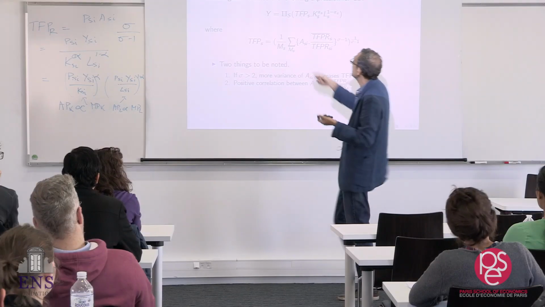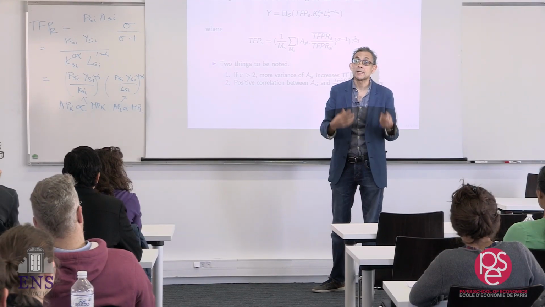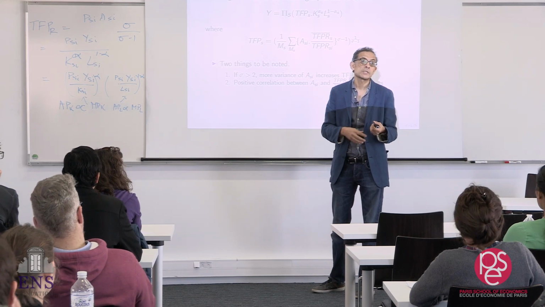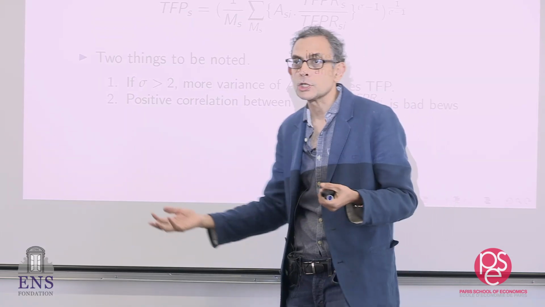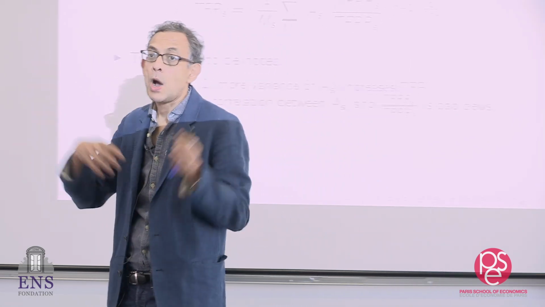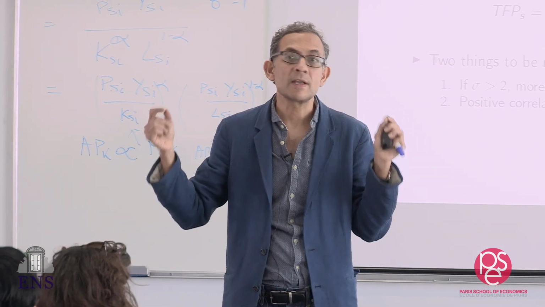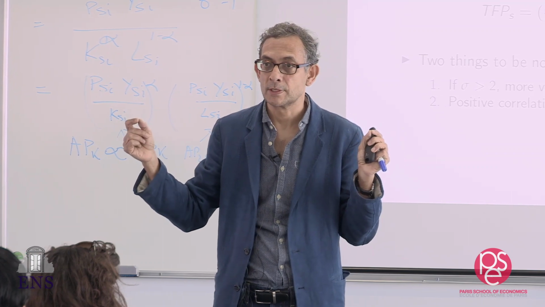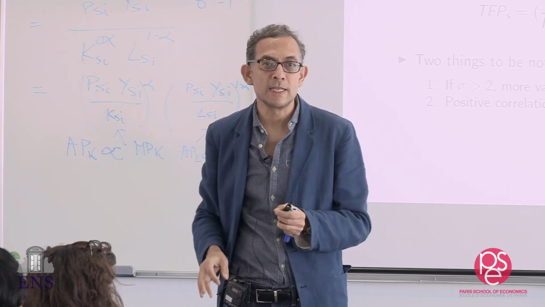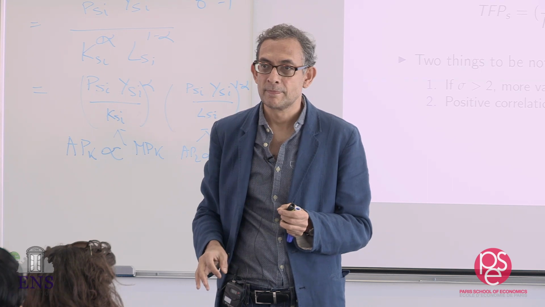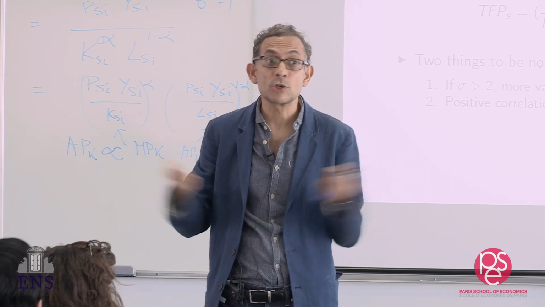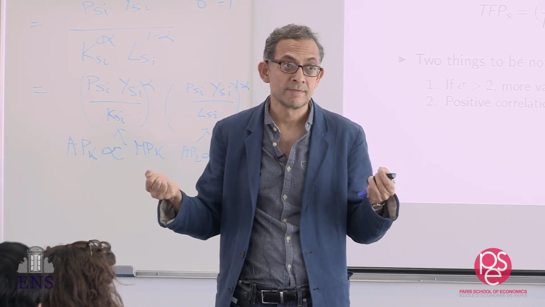In fact, variation in A in this model is typically going to be good. Why? Because if resources are used efficiently, then having one very productive firm is better than having a few medium productive firms, because you put all your resources in the very productive firm. There's a natural convexity there.